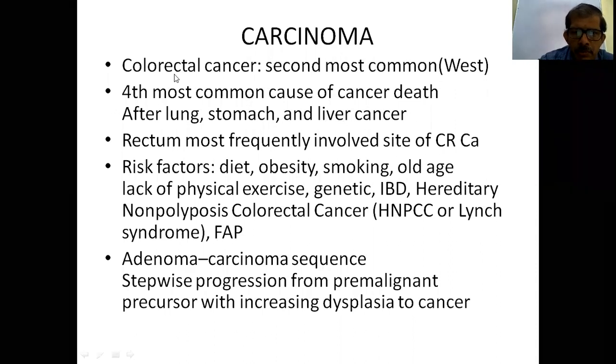This is the fourth common. Of course, these are all Western figures. In colorectal carcinoma, this is the most frequently affected part. That means in the entire large bowel and rectum, incidence of carcinoma is commonest in the rectum.